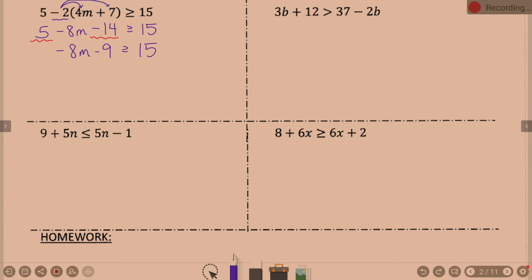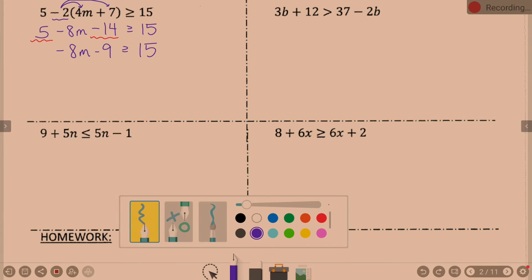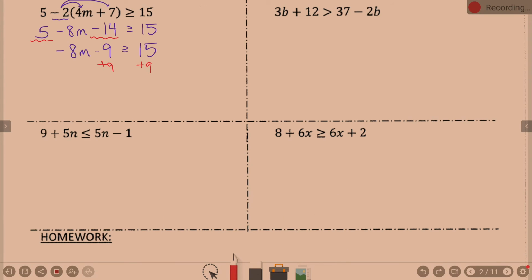At this point, I would like to think this is the type of equation we're more confident with, the one that I don't see the struggles with on the test. So if it's negative 8m minus 9, we first want to add 9. Bring down your negative 8m.